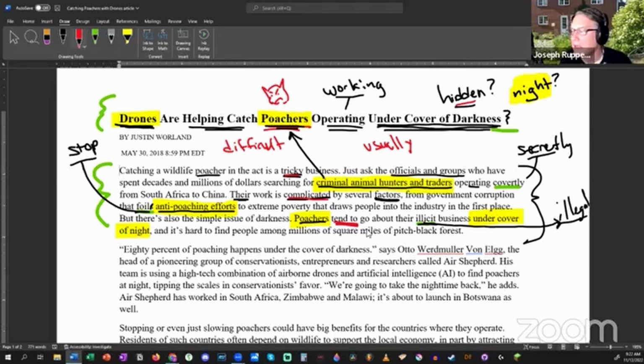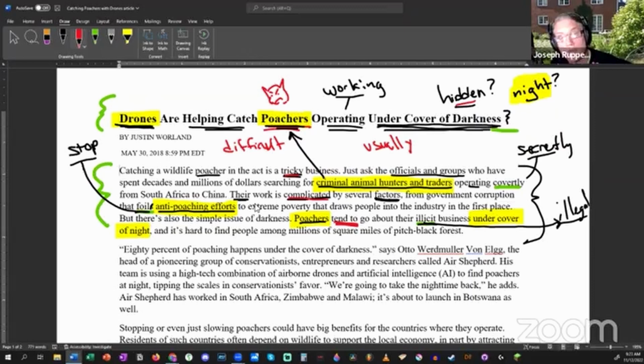And these poachers are usually working at night. But for the officials and groups who are trying to stop them, their work is difficult, tricky, complicated. Okay, that's enough for this first paragraph.